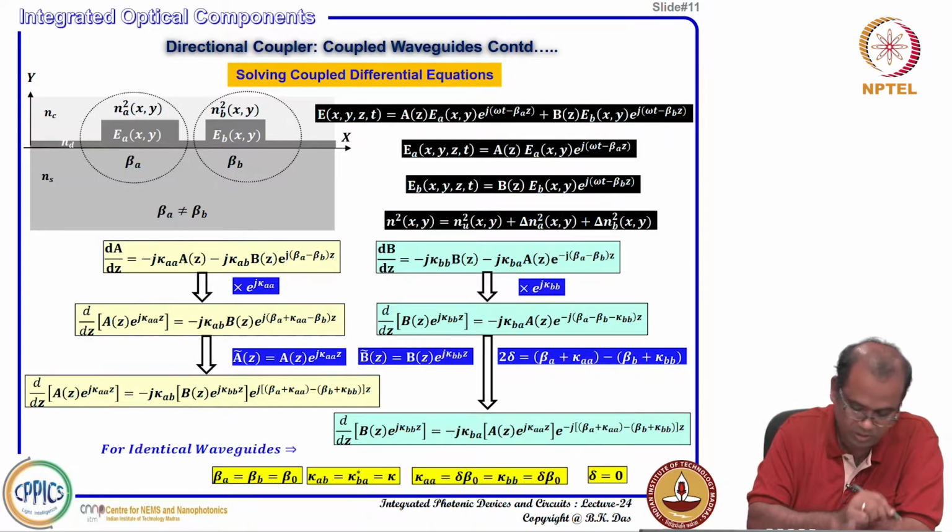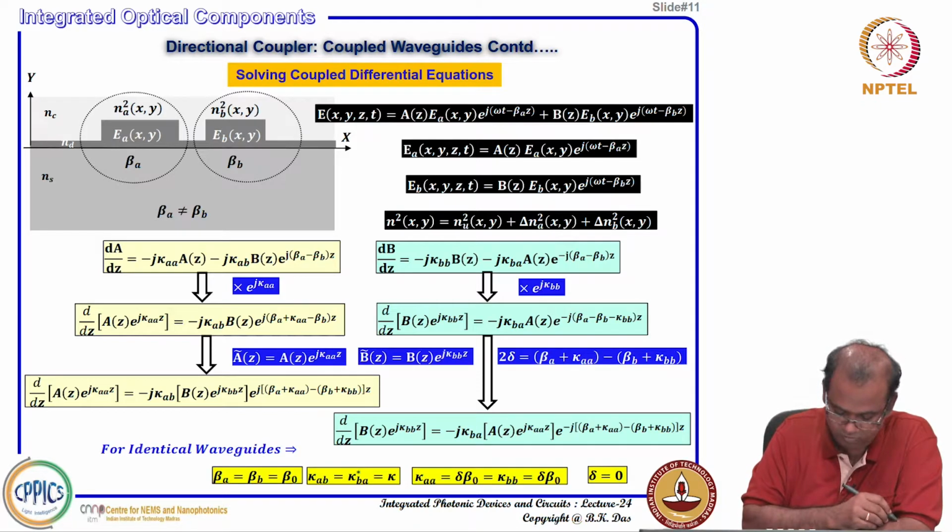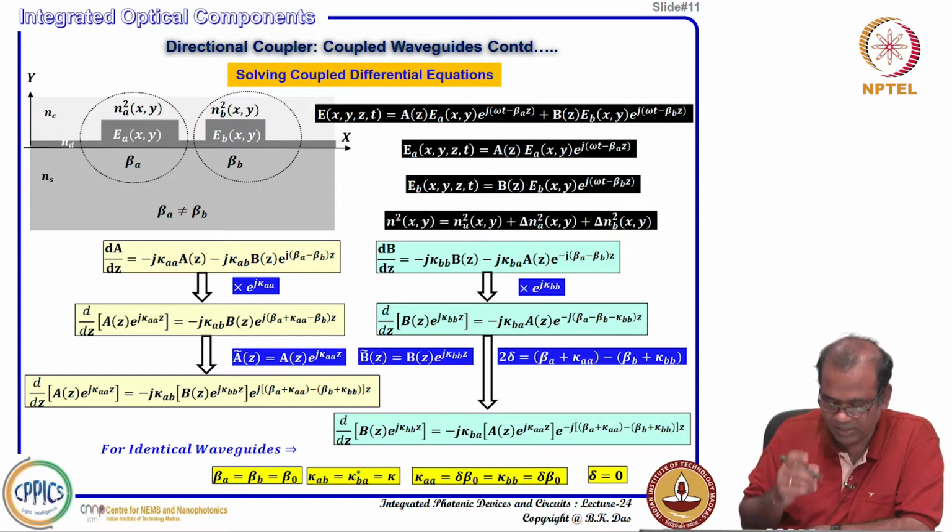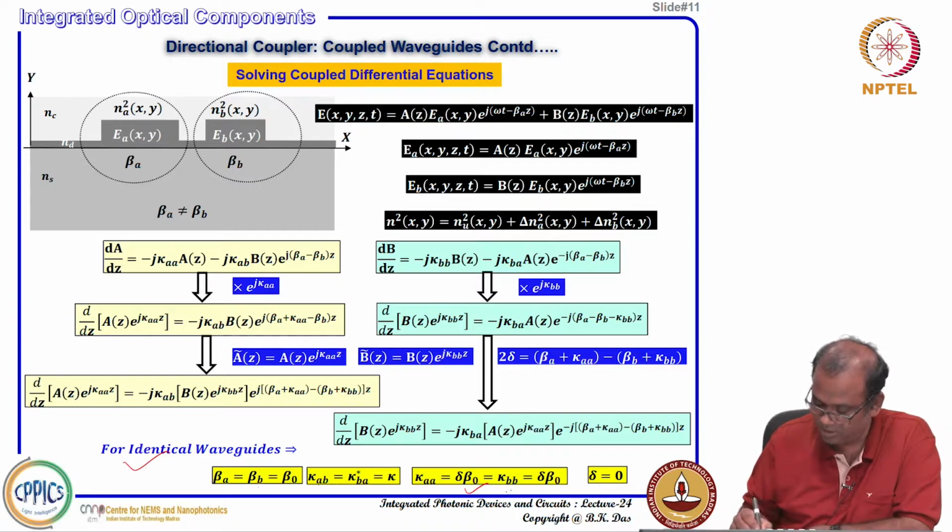Okay. Now, what we do? Just once again I try to remind you, if they are identical waveguides, that means beta A equal to beta B equal to beta naught, kappa A B will be equal to kappa B A star, and delta will be equal to 0.